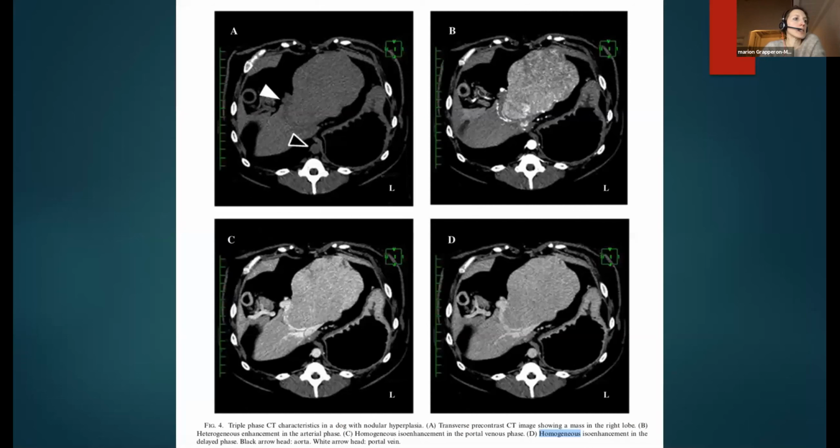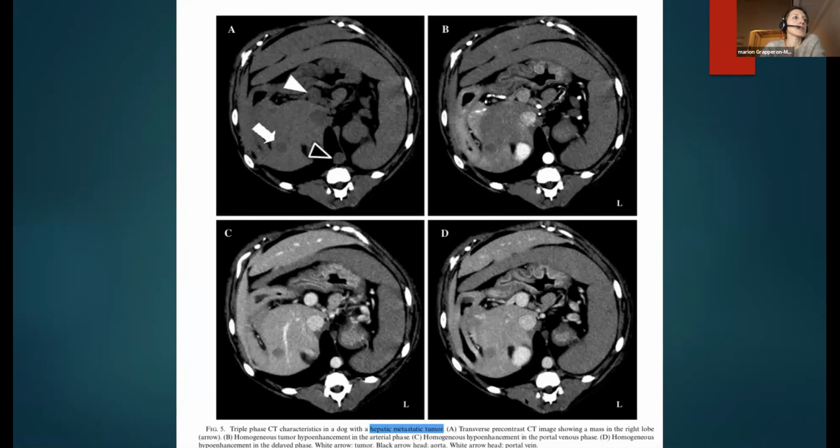This one was again nodular hyperplasia, a little bit bigger but more homogeneous, compared to the hepatocellular carcinoma, and also this iso attenuation in delayed phase. And this was a case of metastatic tumor that was tiny and you could see hypoenhancement in all three phases.